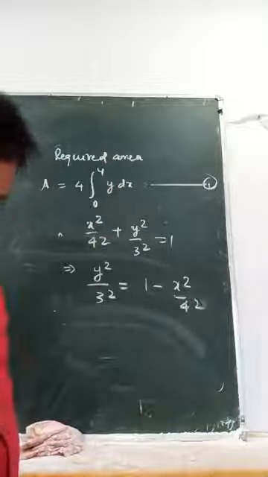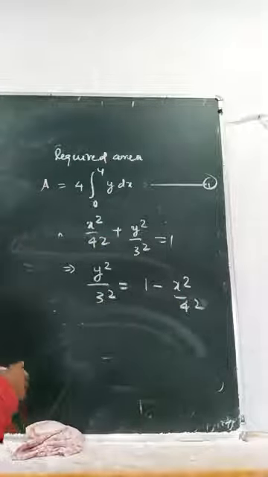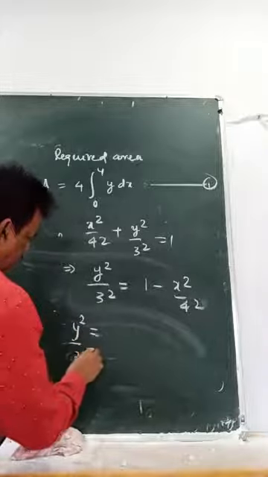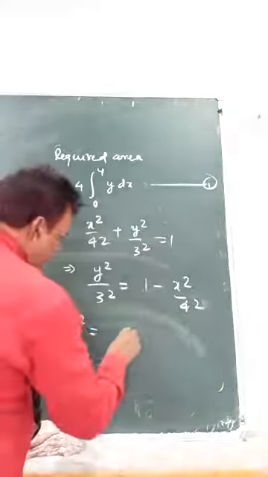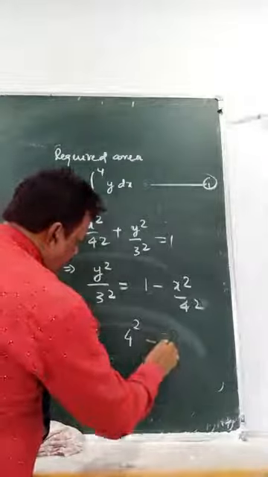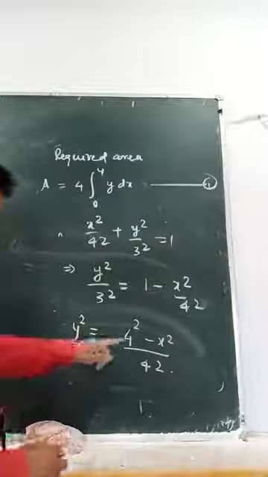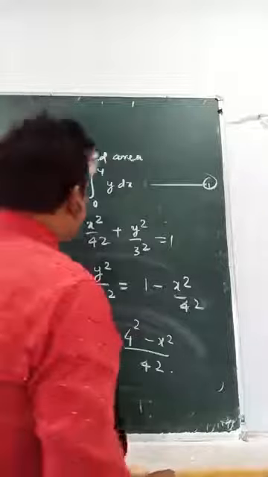So then you will find y square by 3 square, LCM 4 square, equals 4 square minus x square by 4 square. So 3 square you can take here.